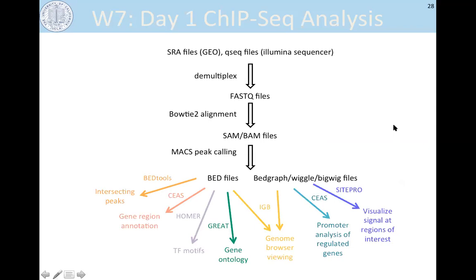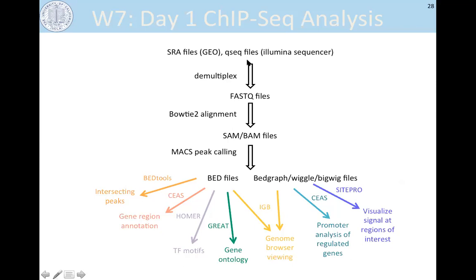So here is a schematic of our pipeline. What we are going to do is download data, which are stored as SRA files, from GEO, the Gene Expression Omnibus. It's an NCBI curated database.